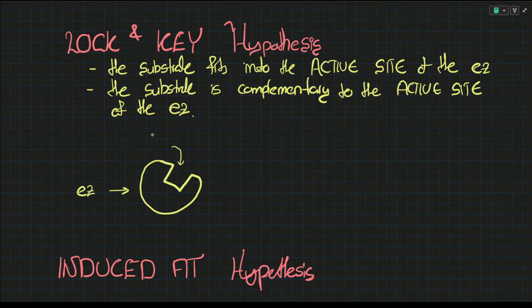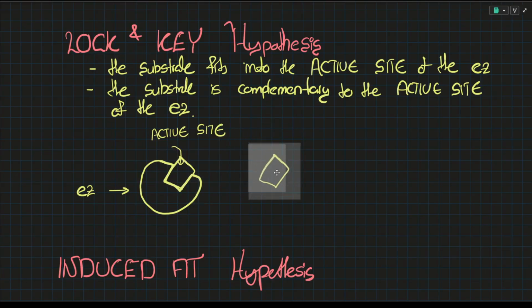This is what we refer to as the active site. This is where the substrate, this thing, goes and binds into, like this. Whenever we talk about the lock and key hypothesis, we have to say that the substrate, this little thing, is complementary to the active site.